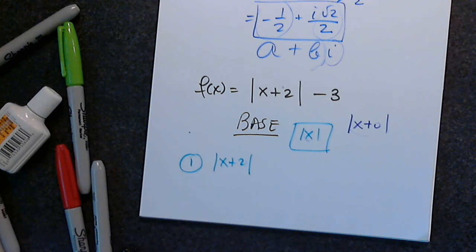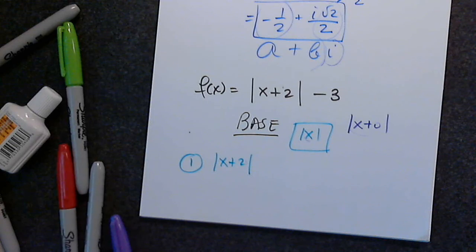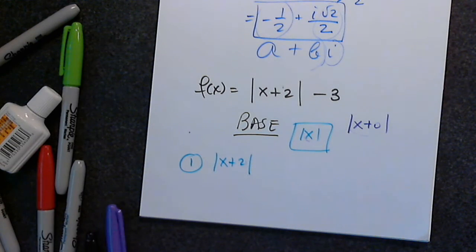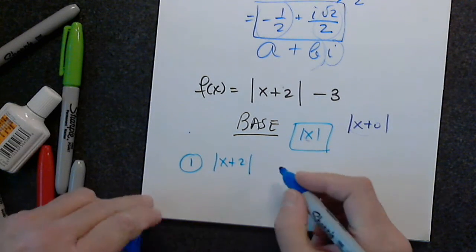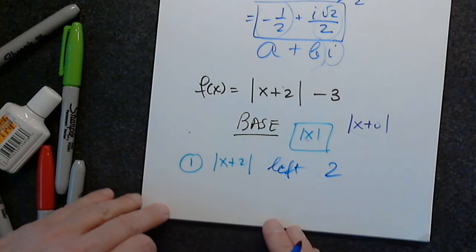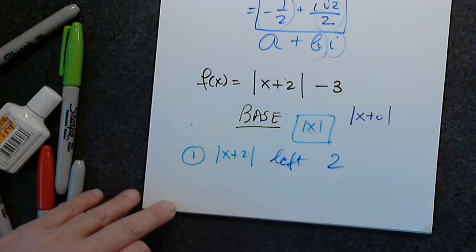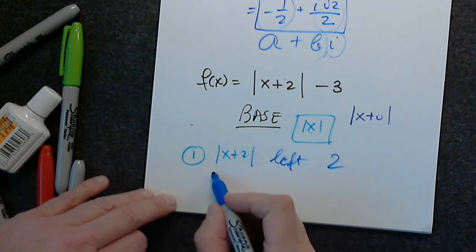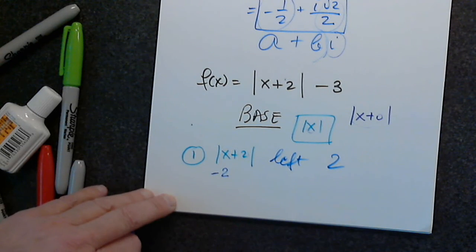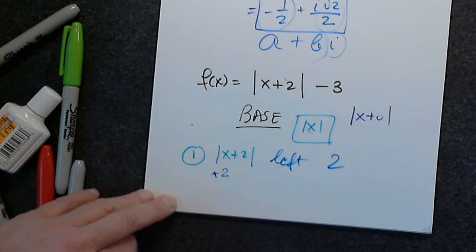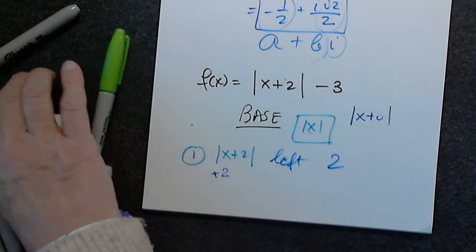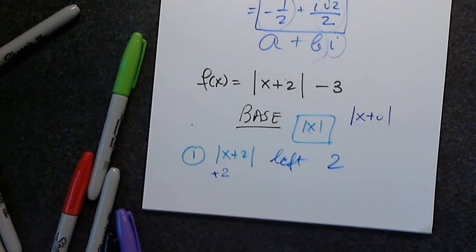But which direction does it go? Indeed, it goes to the left. Left 2. Awesome. Which seems to be right. Yes, but at negative 2, it will be 0, not at 2. That's why it goes to the left. Very good. And the final transformation would be x plus 2 in absolute value minus 3.